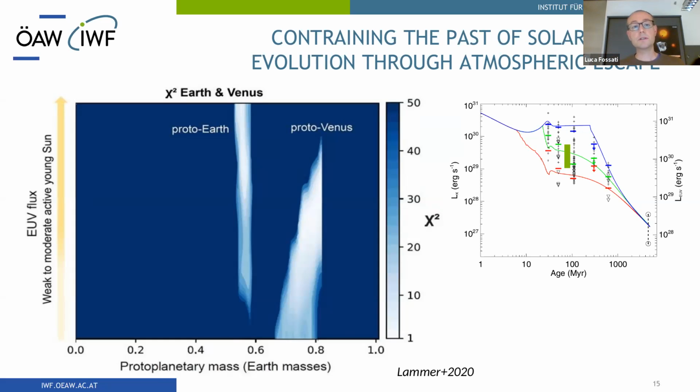So the Earth was not done. It was just about 50 to 60% ready, while Venus was almost ready. But the other interesting thing is that this chi-square map tells you which was most likely the rotation rate of the sun when it was young, and we know from this that the sun when it was young was a rather slow rotator.